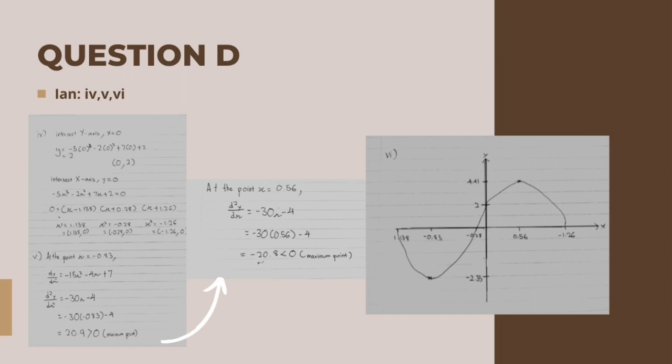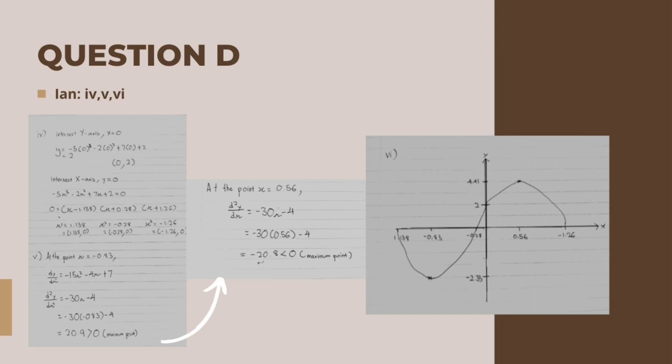So you have to do the second differentiation to get negative 30x minus 4. You replace x with negative 0.83 and you get the answer of 20.9, a minimum point. So negative 0.83 is a minimum point.